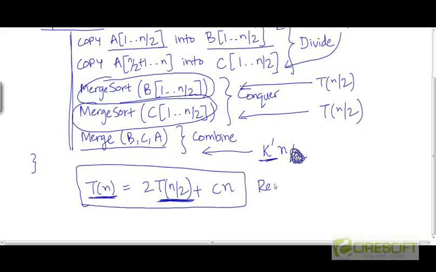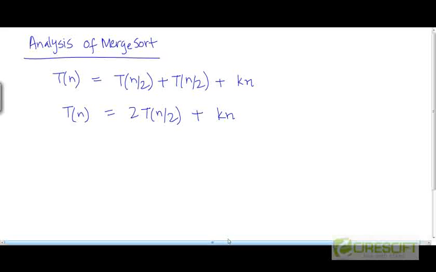So this is a recurrence equation for the running time. And that's what I've denoted here. Let me just call this C. T of n, the running time for merge sort, is equal to twice of T of n by 2 plus C times n. Now, how do you solve for this recurrence equation?